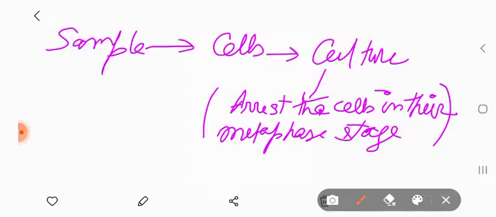So colchicine will help the cells to arrest in their metaphase stage. Actually, what does colchicine do? I have said previously in earlier videos that colchicine disrupts your mitotic spindle. Mitotic spindle is specially required for what?